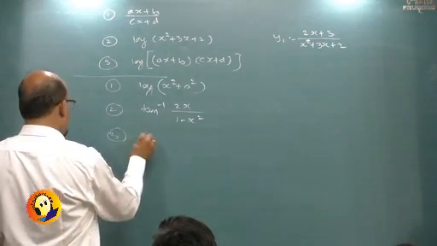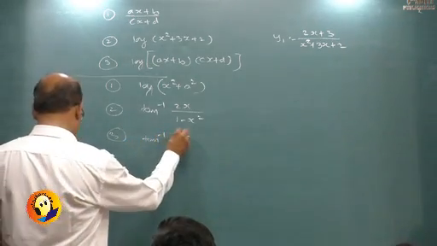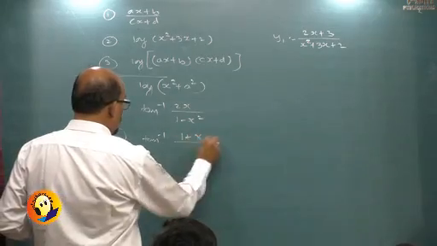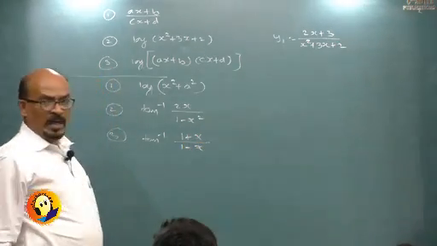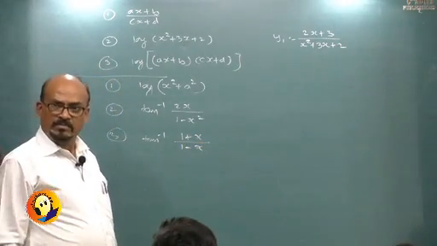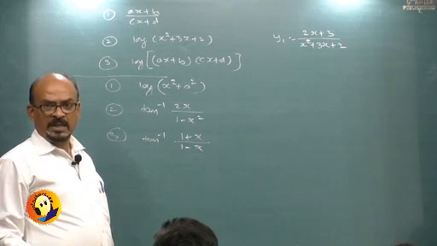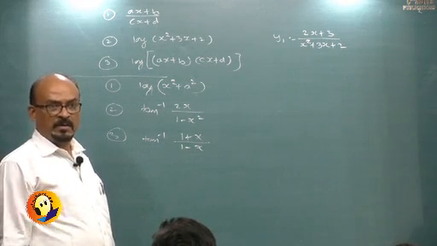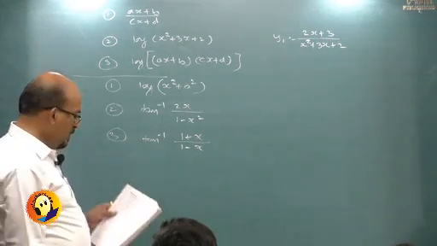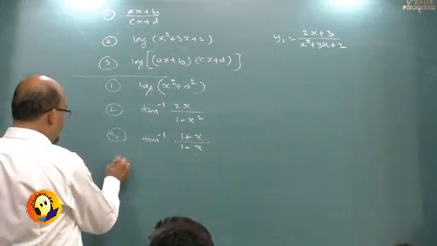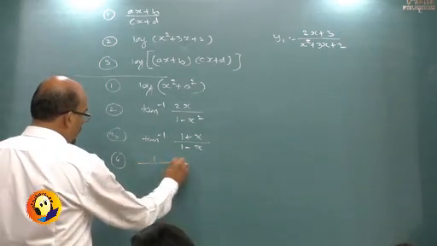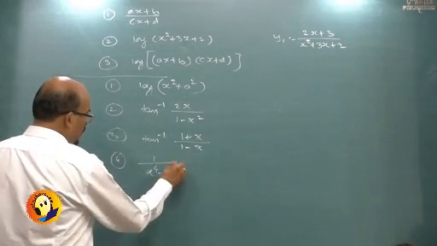Third, tan inverse of 1 plus x upon 1 minus x. x equal to tan theta. 1 plus tan theta upon 1 minus tan theta is tan of pi by 4 plus theta. Right? So they are just checking whether you can do it in that manner.